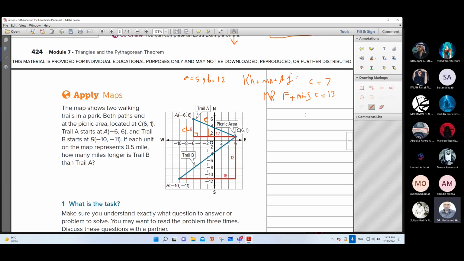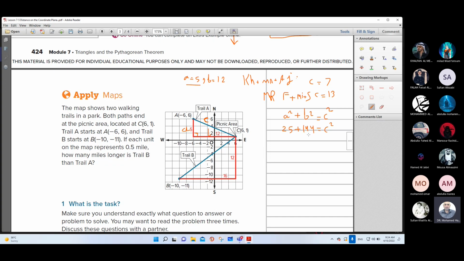Okay, check with me, please. A squared plus B squared equals C squared. The value of A is 5. 5 squared, 5 times 5, is 25. The value of B is 12. 12 times 12 will be 144. Equals C squared.